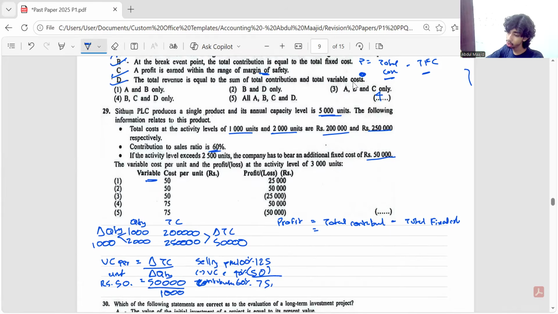Then your total contribution will be 75 into, now here they are telling to find the profit at 3,000 units. Contribution per unit 75 into 3,000 units, that will be 225,000. Minus what will be the total fixed cost. Now we'll find out how much is the total fixed cost at 2,000 units.